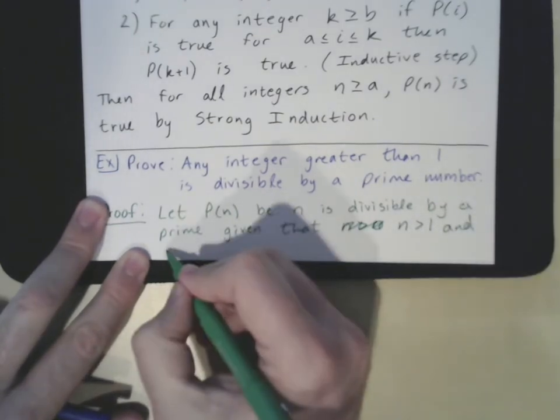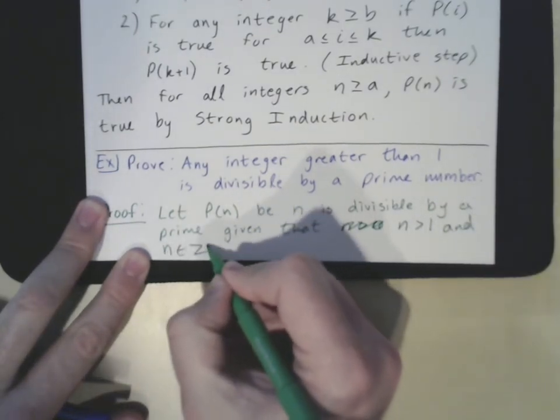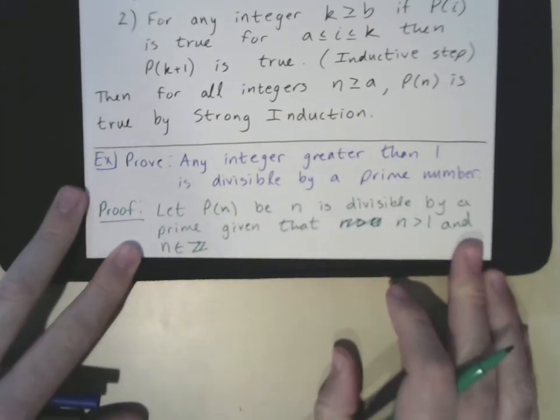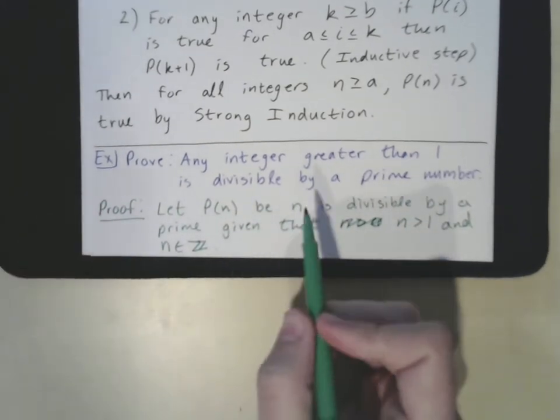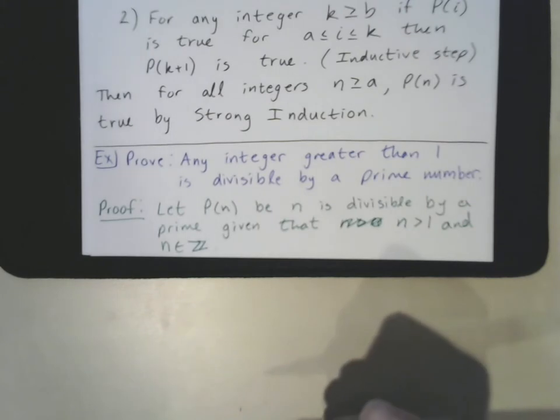Okay, so an integer that's greater than 1 is divisible by a prime.